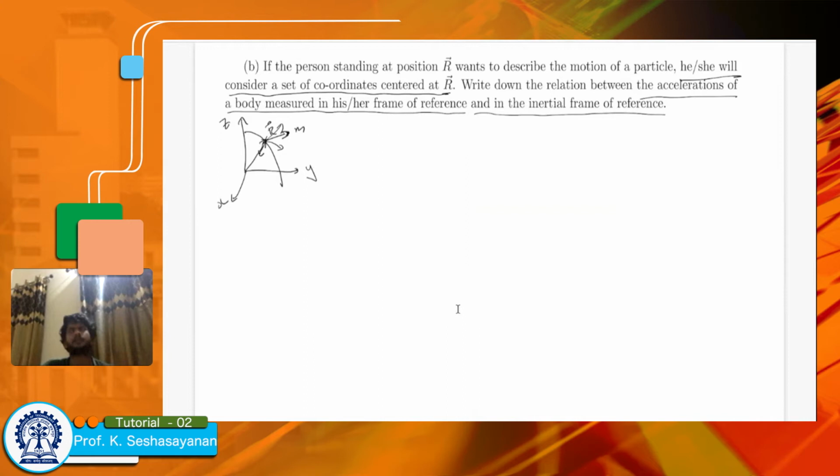Okay. So the problem comes from the fact that an inertial observer need not take the coordinate system to be centered around the observer. He might take a coordinate system which is centered around his own point of reference, or let's say for simplicity, he might take it from the center of the earth.